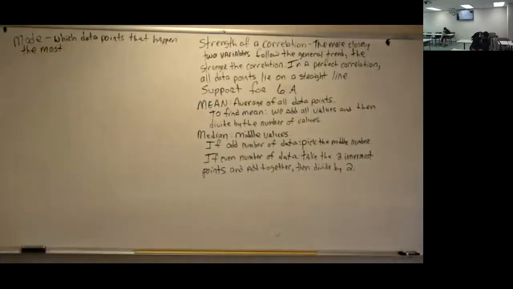Sometimes that mode might be one number that happened, say, 2 or 3 times. You might have 2 numbers that both happen 3 times. Or you might have no repeats on any of those numbers. If you have no repeats, then you have no mode. Okay.